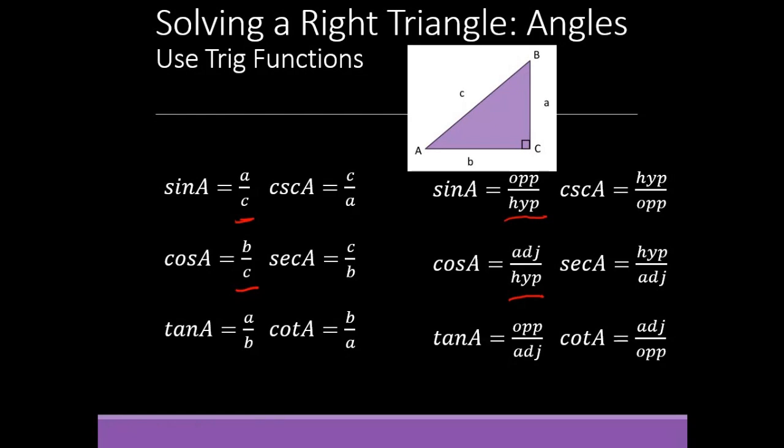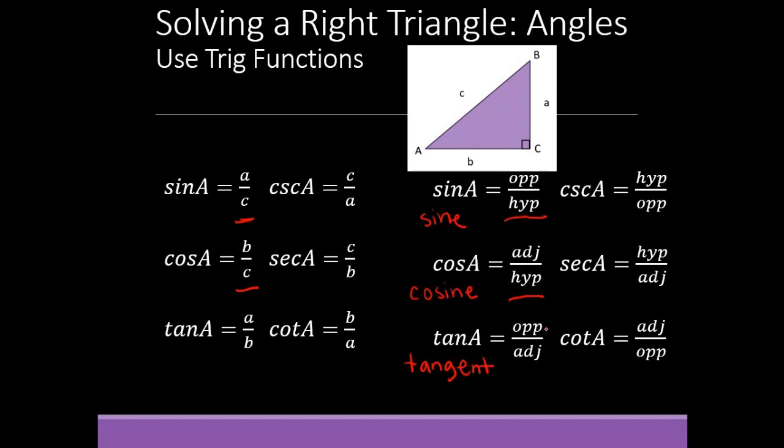Alright, now our last one is tangent. That's what this is called. TAN is tangent. This one was cosine. This one was sine. This one is tangent. So this one is a little different.